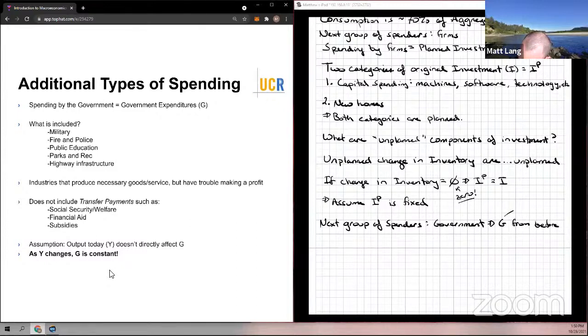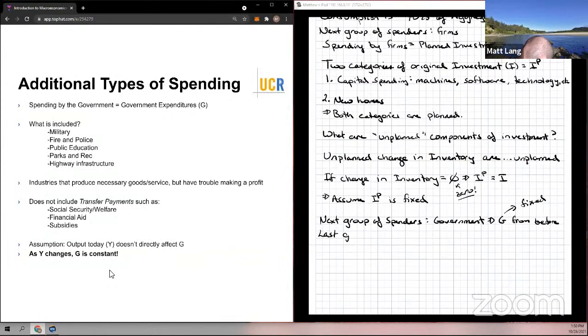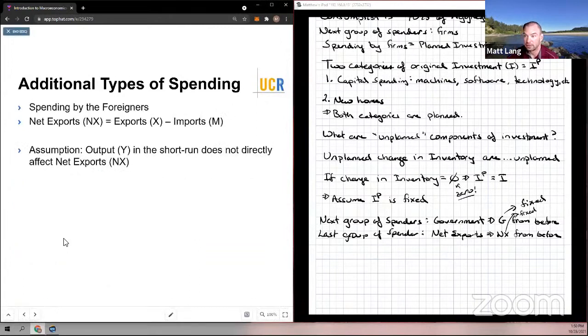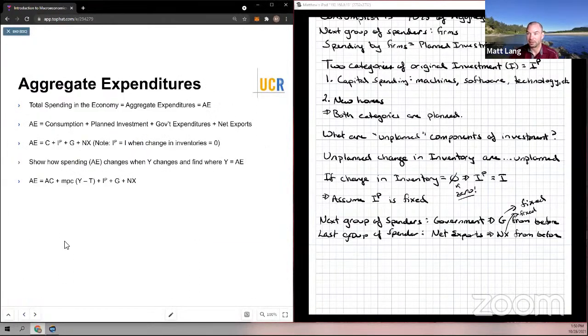This will also be fixed, not changing with our Y. And then our last group of spenders is going to be foreigners, or we're really just going to call it net exports, the same NX as before. You can guess if we're considering taxes, planned investment spending, and government expenditures fixed, net exports are also going to be fixed.